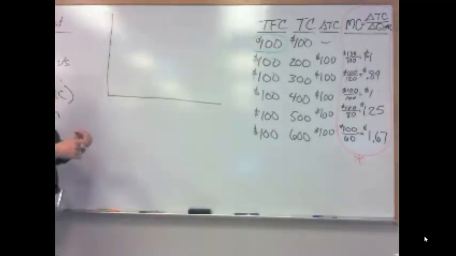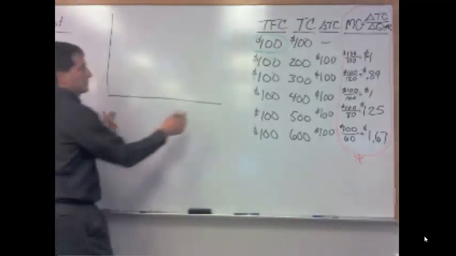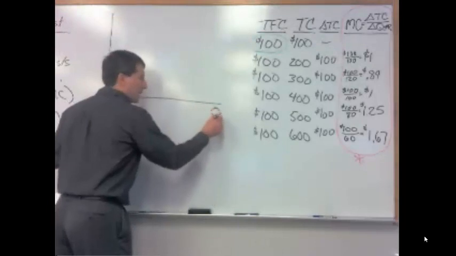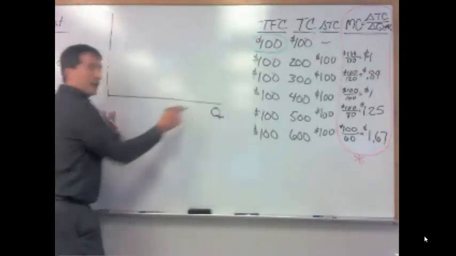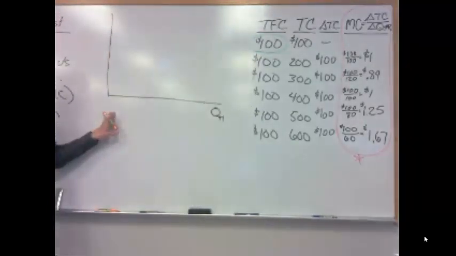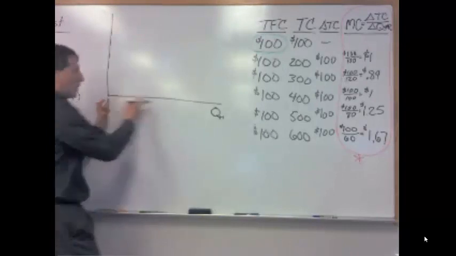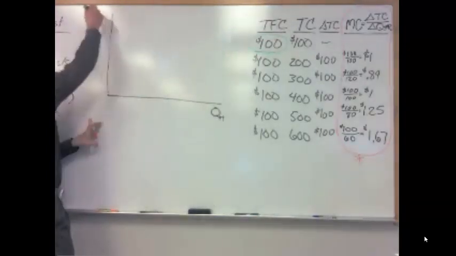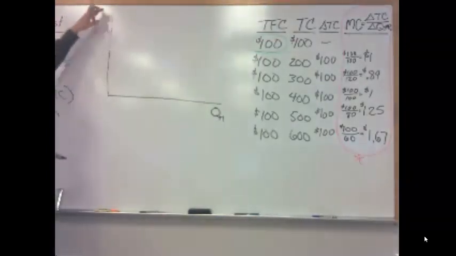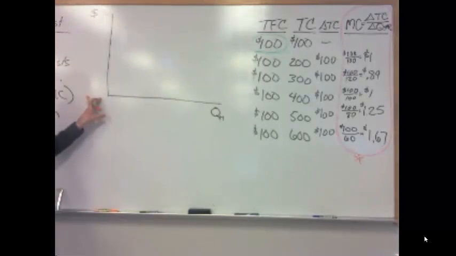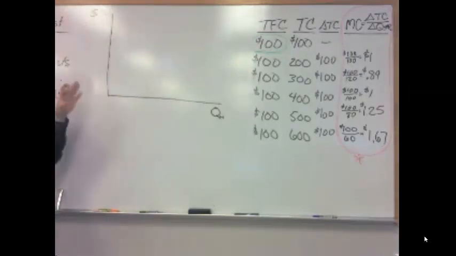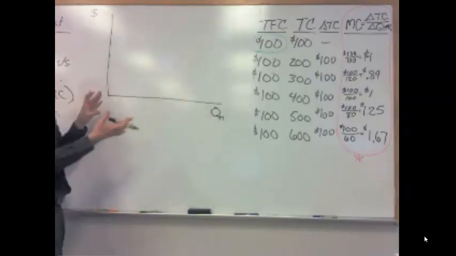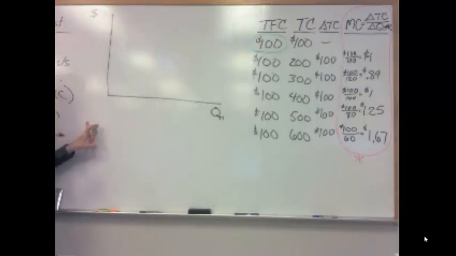So when we draw the cost curves, we're drawing not labor here, but hamburgers, the quantity of output, just like we did in chapter 3 when we did supply and demand. We've got the quantity of a good, and we've got dollars being measured on the vertical axis. We used to put price here, but now we're being a little more generic because we're going to overlap the concepts of price and cost. So let's just be more generic and say that it's a dollar sign.